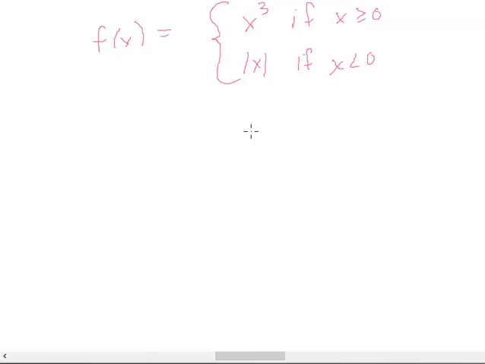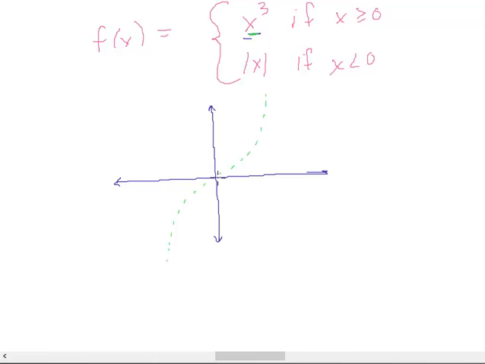Alright, so let's draw our xy plane. And we'll start with x cubed. Alright, so what does x cubed look like? Well, we know that x cubed looks like this. I'm just going to draw it as a dotted line. Okay, so this graph is only going to look like x cubed when x is greater than or equal to 0.